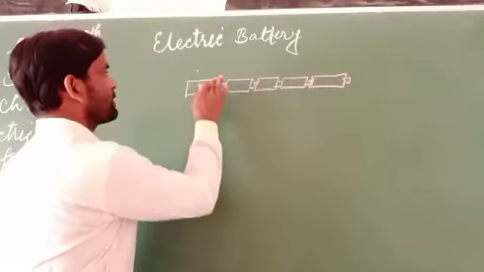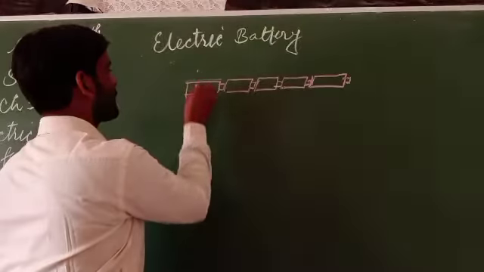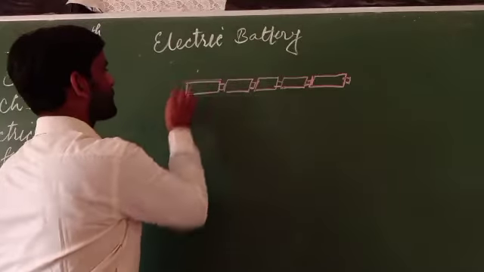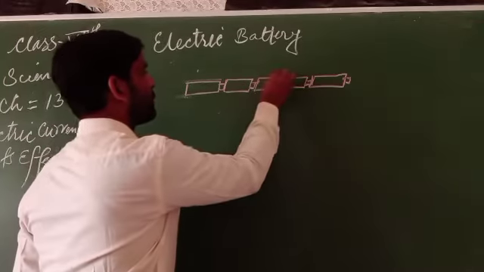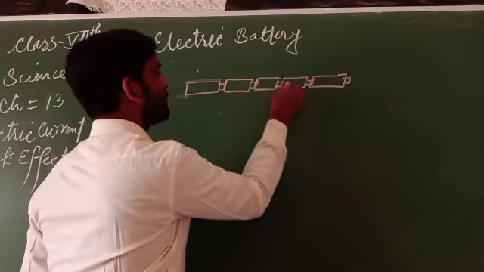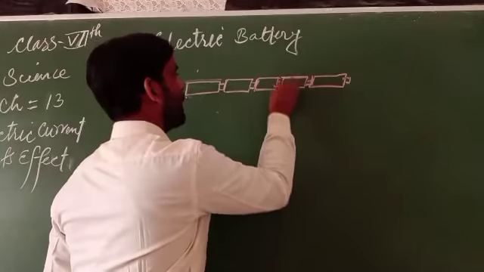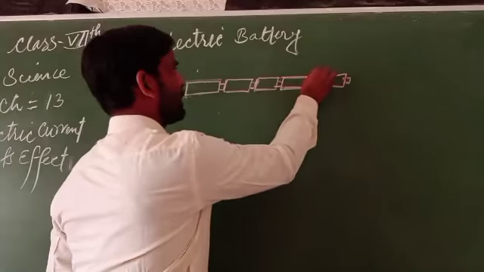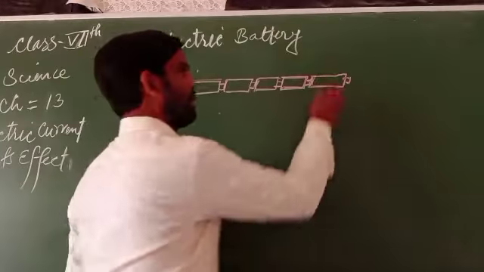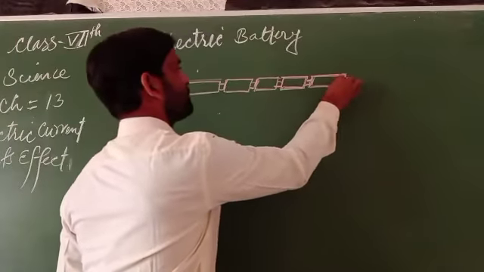When these are arranged so that they can supply electricity, it is said to be a battery, which can supply more and more energy in the form of electrical current.